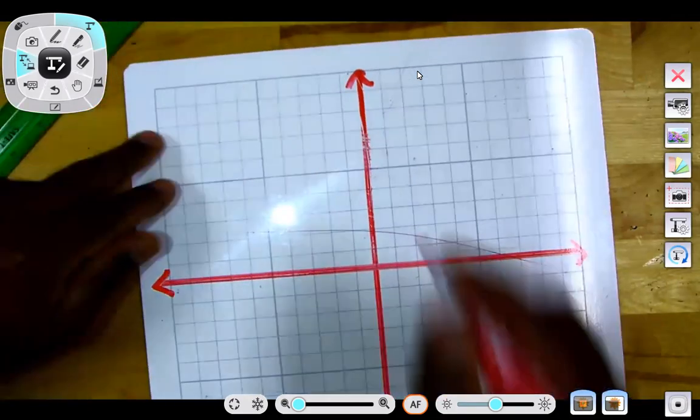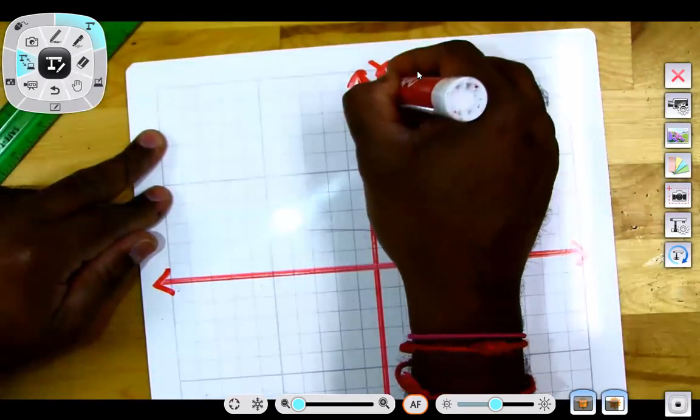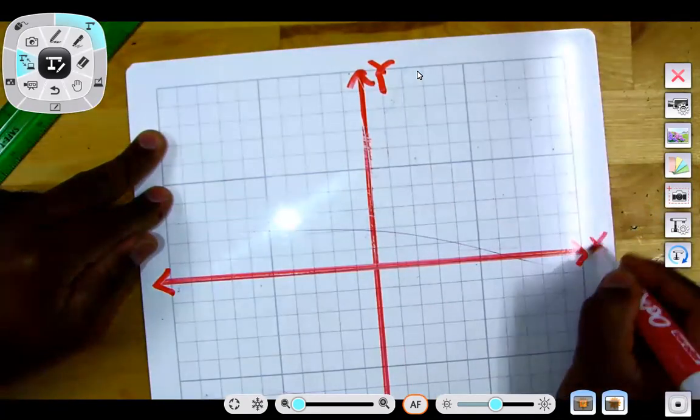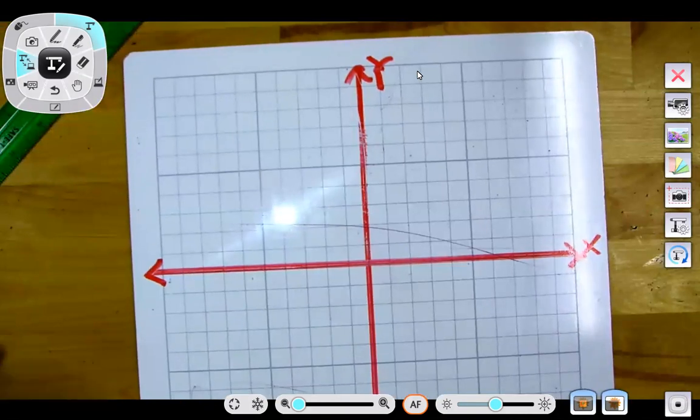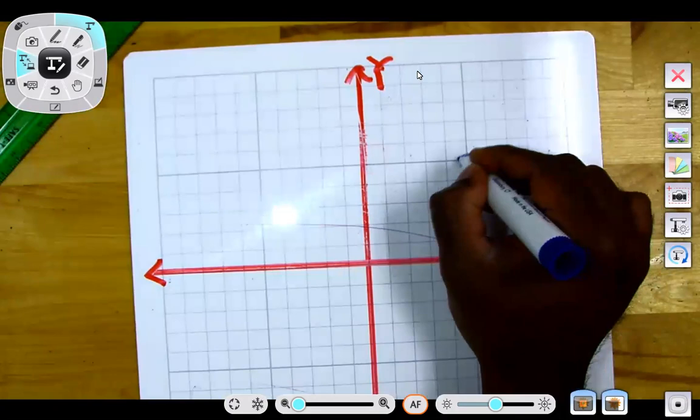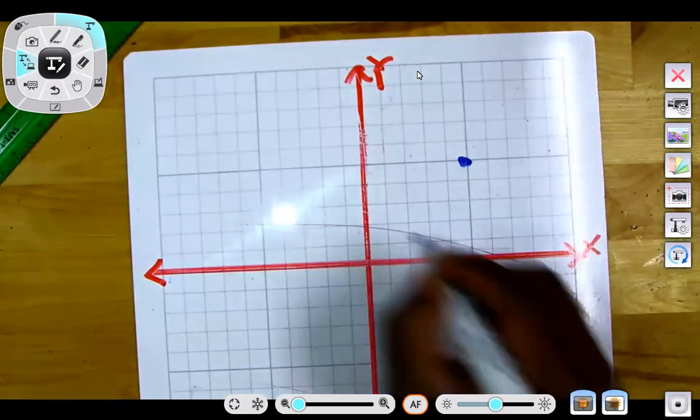This is the y-axis, and this is the x-axis. Always horizontal is the x-axis, vertical is the y-axis. So there is reflection. It's like a mirror. If you put a mirror, how is a figure going to look? Just say you have a point over here, which is 5, 5.